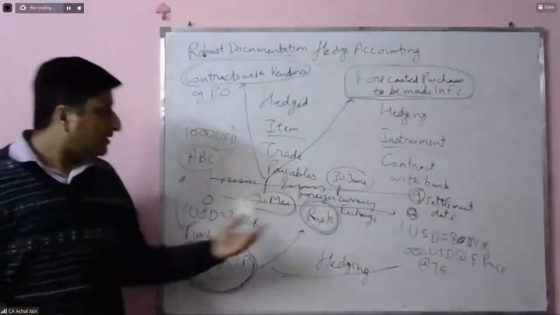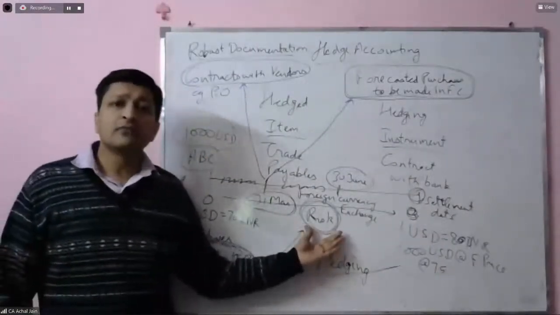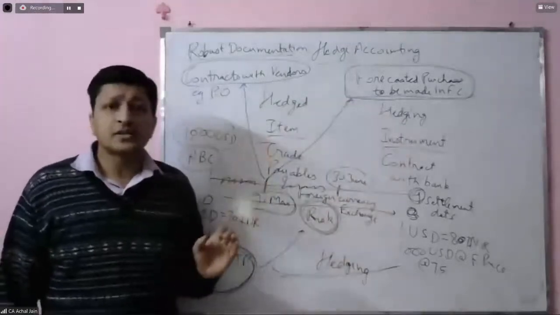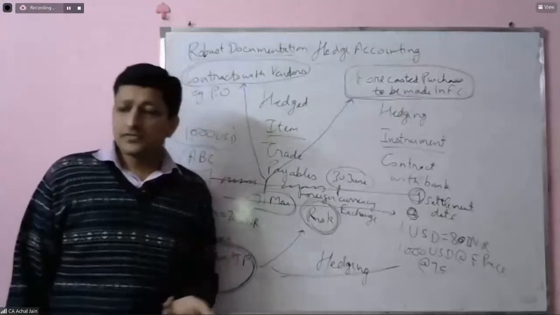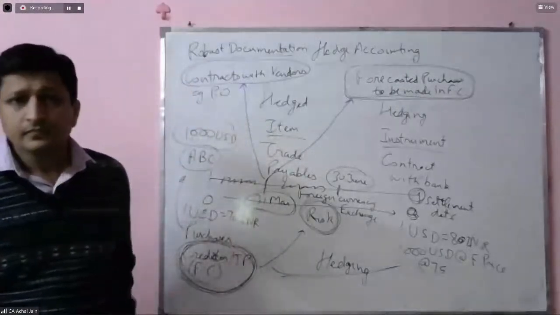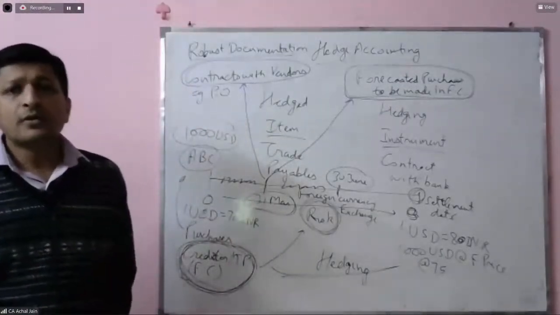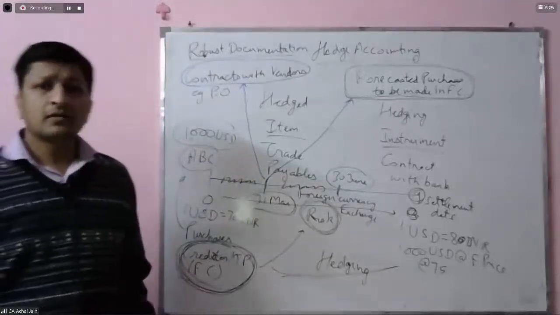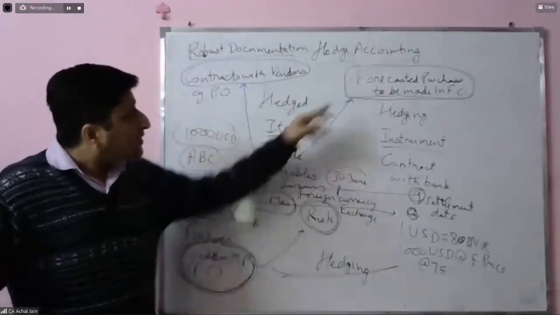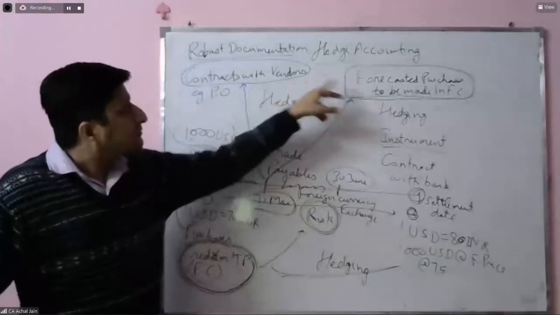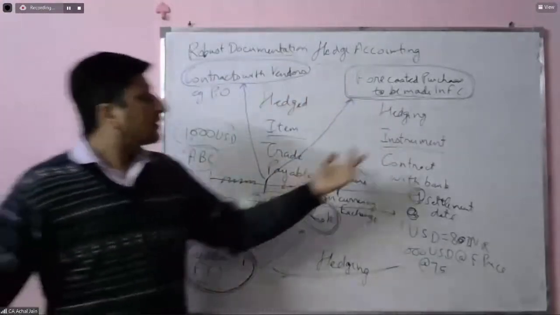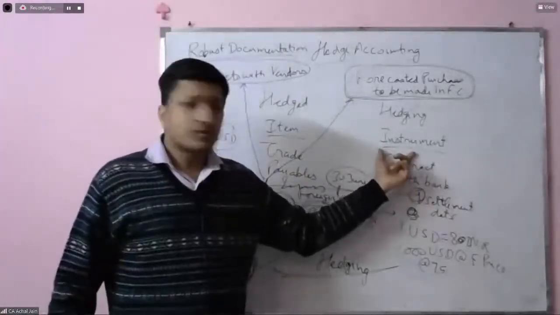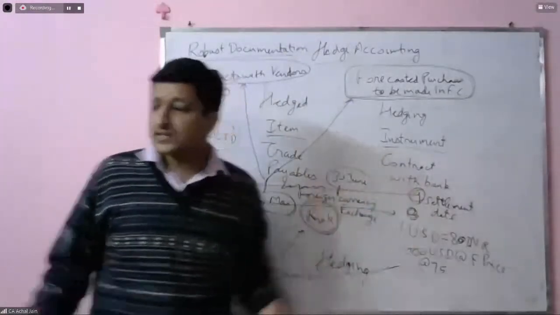Is there any risk of foreign currency involved on these type of transactions? Of course, yes. Risk is involved. And for these type of risks, entity may have entered into hedging contracts.